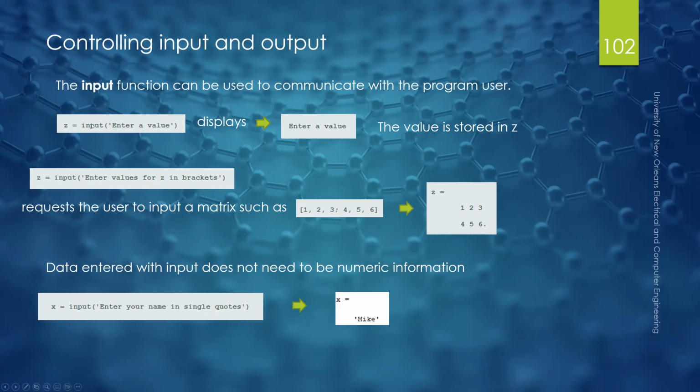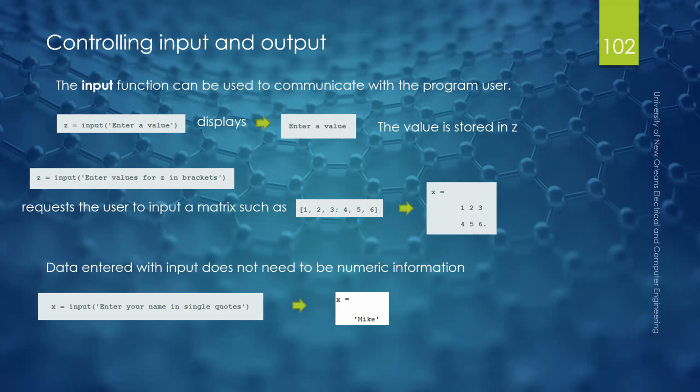In this statement, we use the input function, which indicates enter a value, and whatever value is entered is going to be assigned to the variable z. So this will display enter a value, because the input tells it to display that. And then once the value is input, it's going to be stored in the variable z in this case.